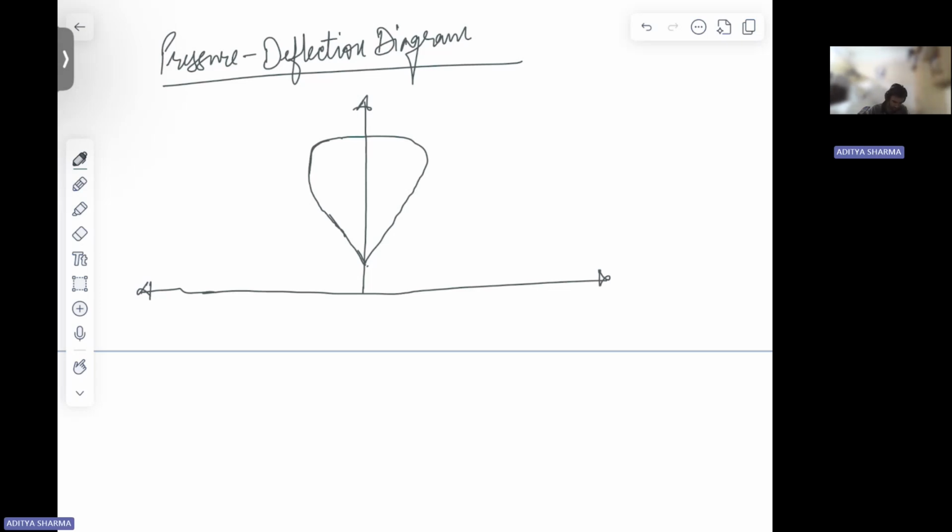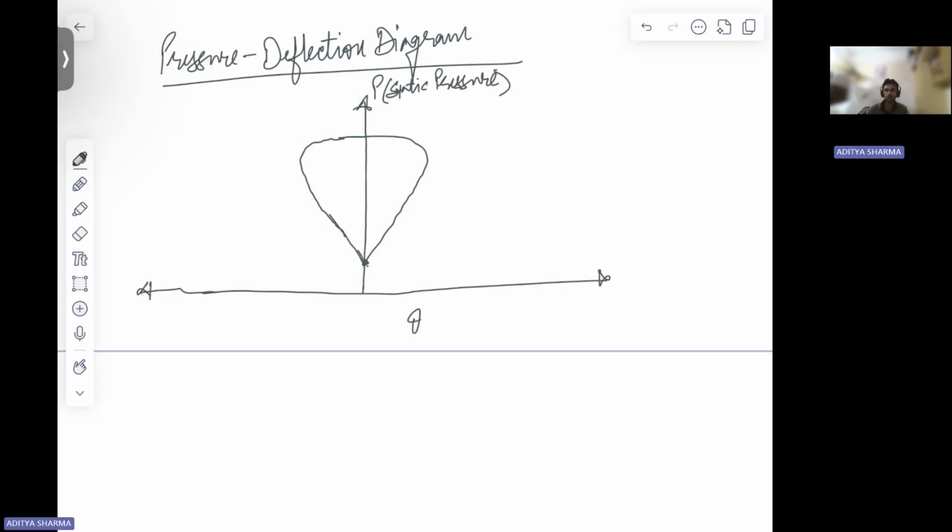Something like this. Okay, perfectly symmetrical. Maybe you're not able to draw, but okay, it looks something like this. Now, the x-axis gives your theta, the y-axis gives your static pressure.